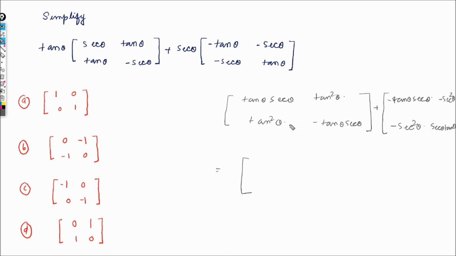If we add these corresponding elements, it will be 0. Tan square theta minus sec square theta is minus 1. Tan square theta minus sec square theta, minus tan theta sec theta. What will be our answer?